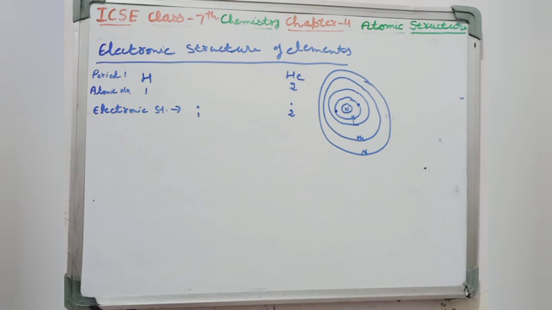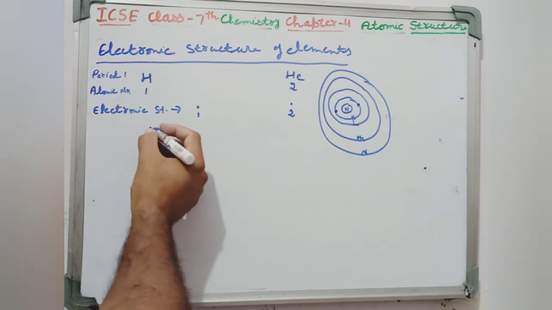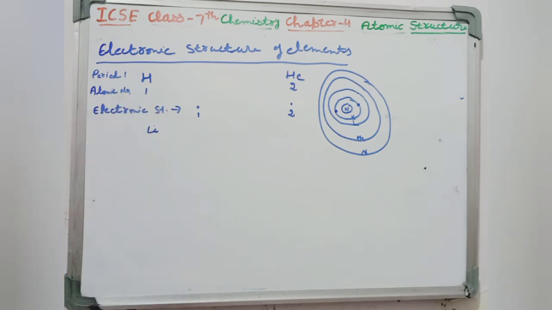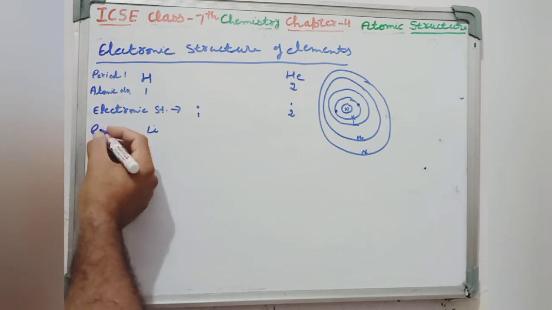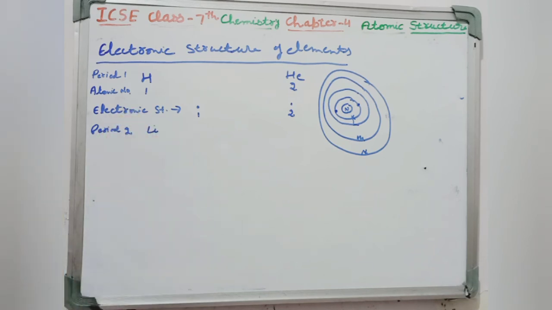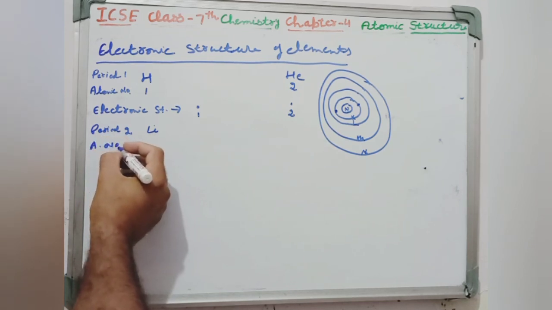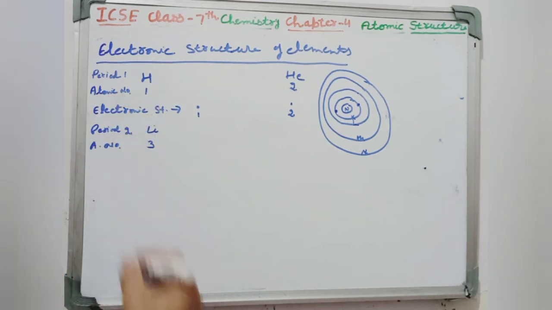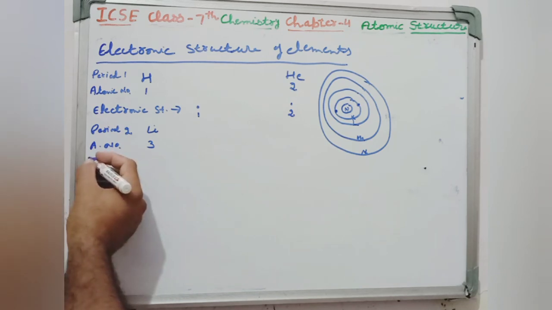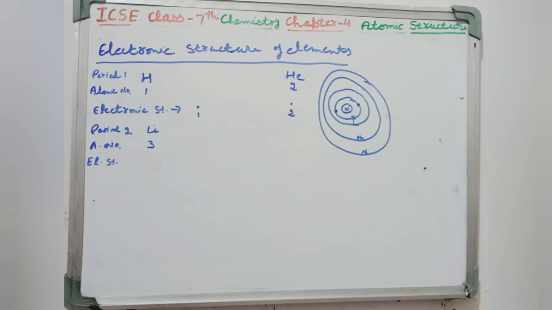Now the third is lithium. Its period is 2 and atomic number is 3. Now we have to make its electronic structure.